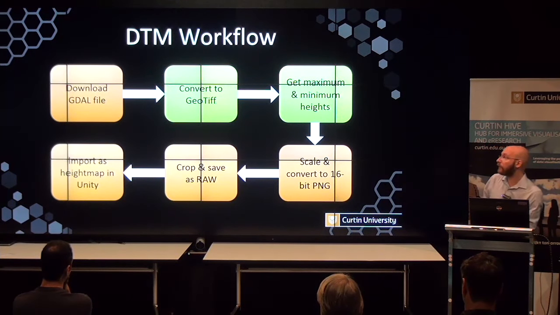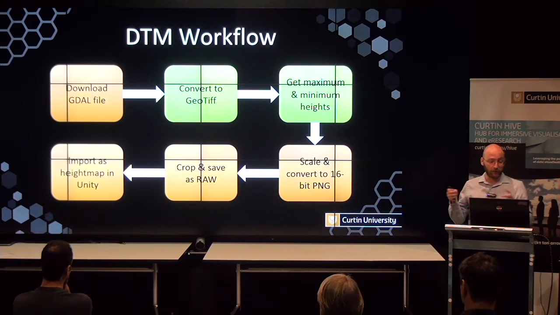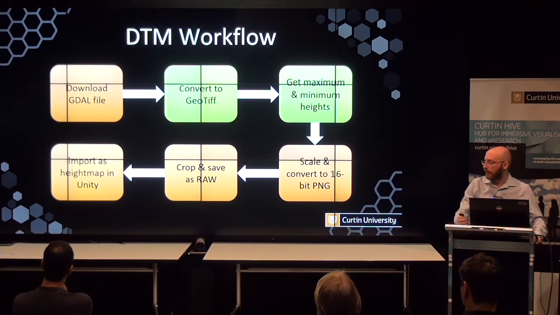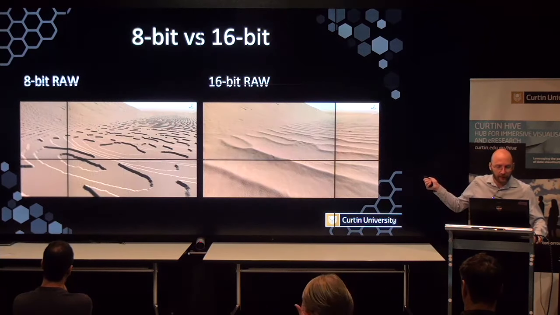So in order to turn the satellite data into a raw height map, all you've got to do is download the GDAL, get the maximum and minimum heights of that GDAL, and use these to scale it from 32-bit floats to a 16-bit PNG. The 16-bit part is important for reasons I'll get to later. You can then open that up in normal image editing software, crop it, save it as a RAW, import it to Unity, and then bam, you've got yourself a terrain.